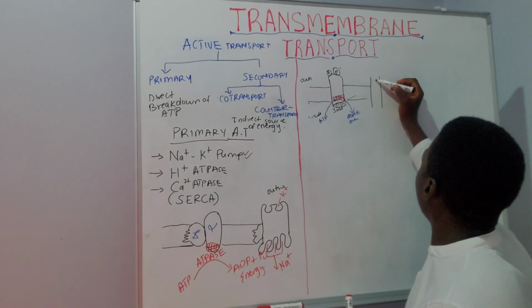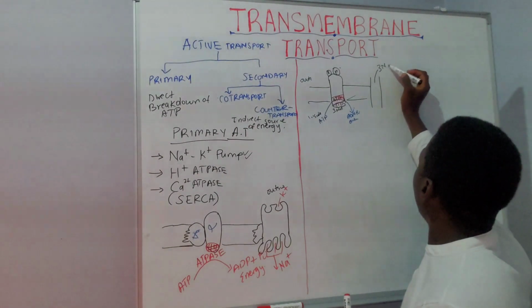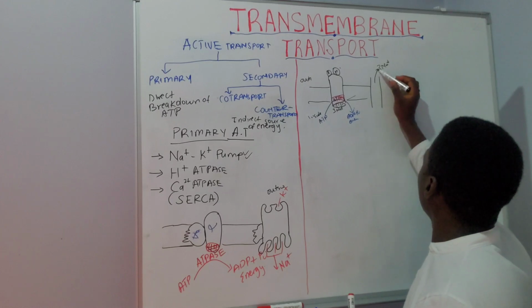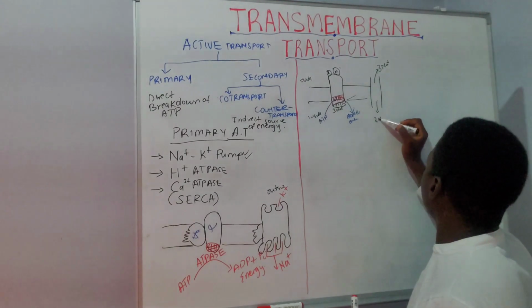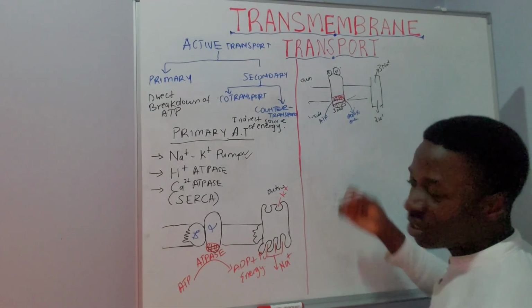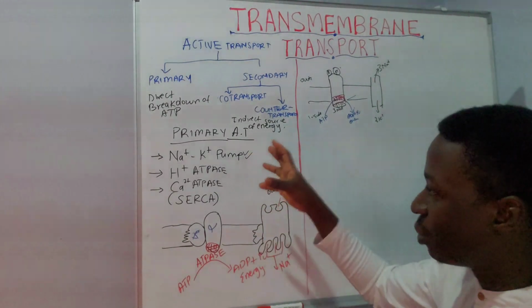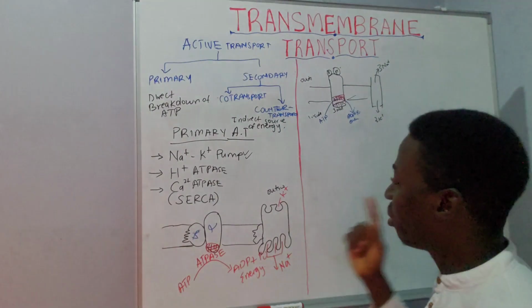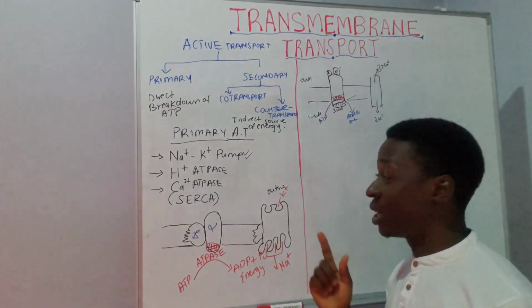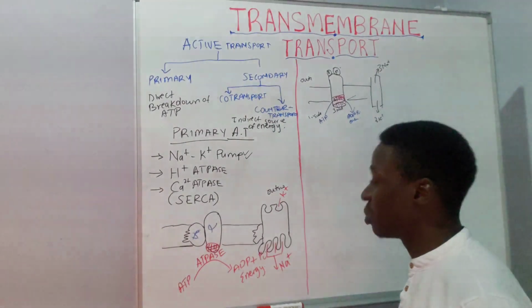We move the 3 sodium outside and the 2 potassium inside. So this is how this channel actually works. This is primary active transport, an example of the sodium potassium pump, or the sodium potassium ATPase pump.